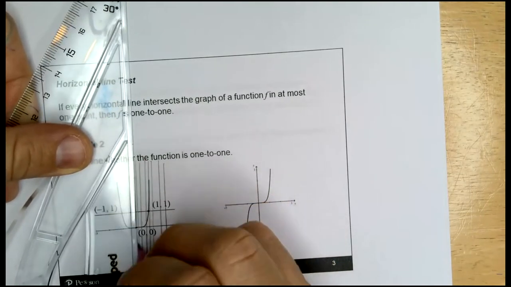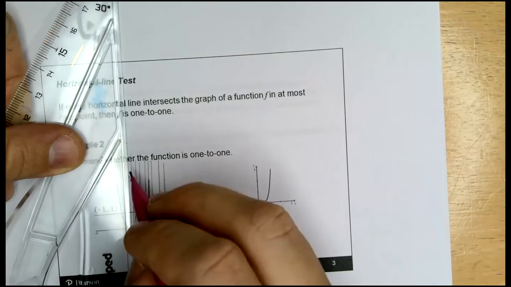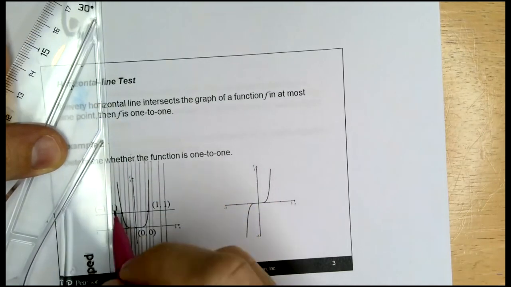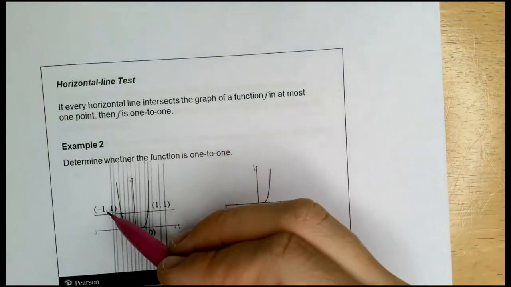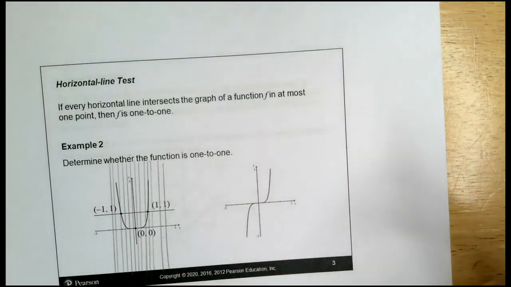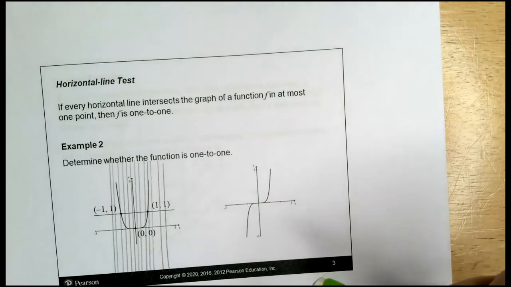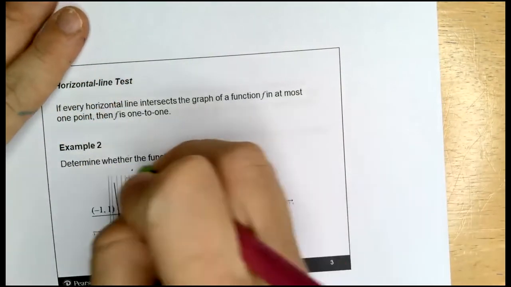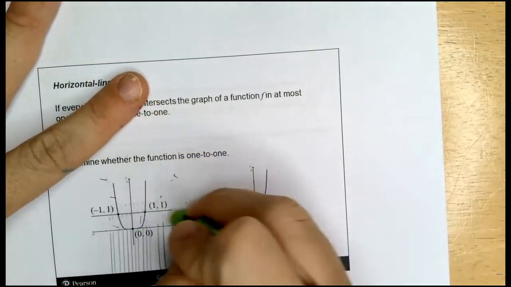And if any vertical line ever touched the graph in more than one spot, 0 spots is okay, but more than one spot, that would not be a function, right? So these are both functions. They both pass the vertical line test.